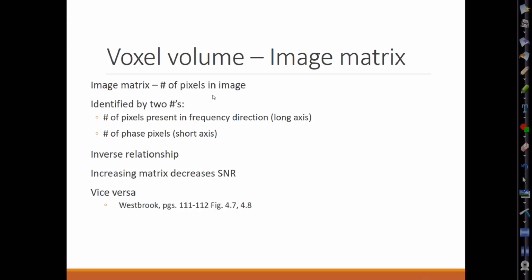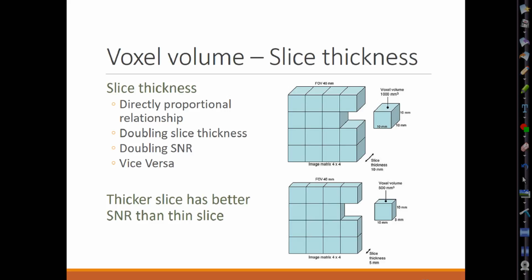So see how they say imaging matrix, that's associated with the number of pixels. But when we talk about voxels, we have to incorporate that last dimension, the slice thickness. As we increase our slice thickness, our resolution goes down, but we're able to get more of those hydrogen spins within that voxel. So once again, this is directly proportional.